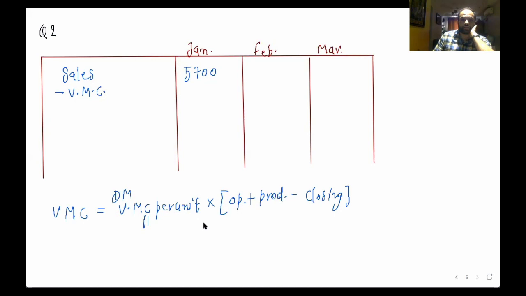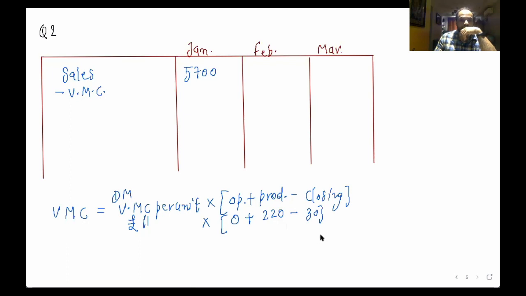right? 11 pounds. Multiply by how much is opening? 0 plus how much is production? 220 is production, and how much is closing? 30 is closing.